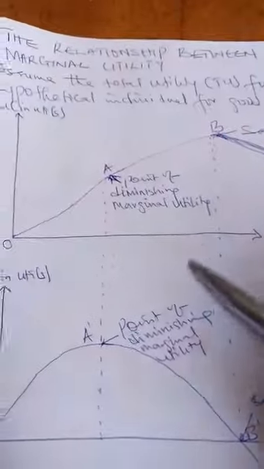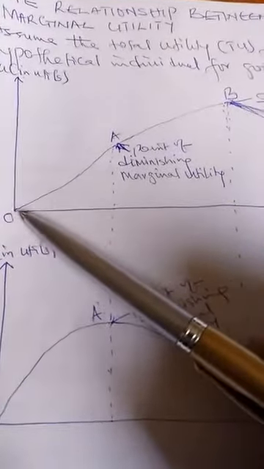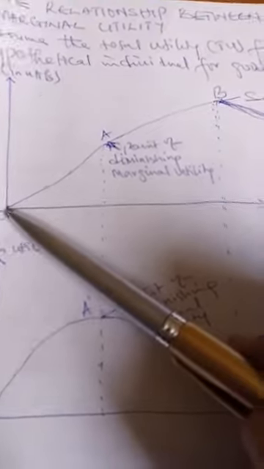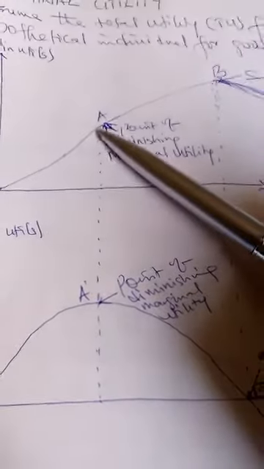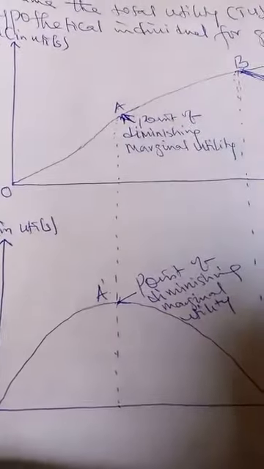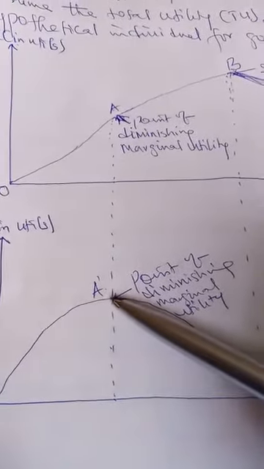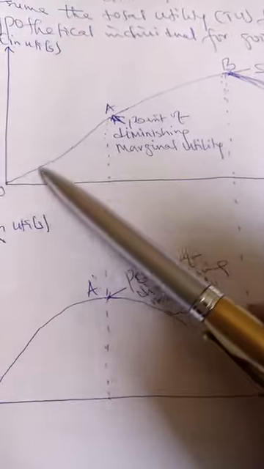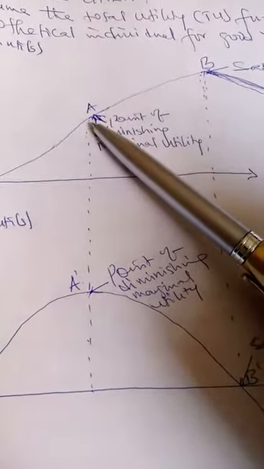Now let's relate them together. Where the consumer's total utility is increasing in an increasing manner, it gets to the point of inflection, which is here. The marginal utility will also be increasing until it gets to the point of diminishing marginal utility, which is the point of inflection.